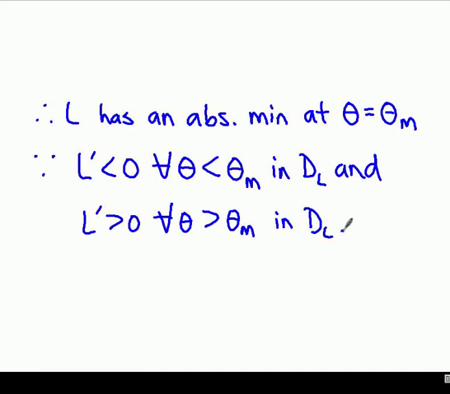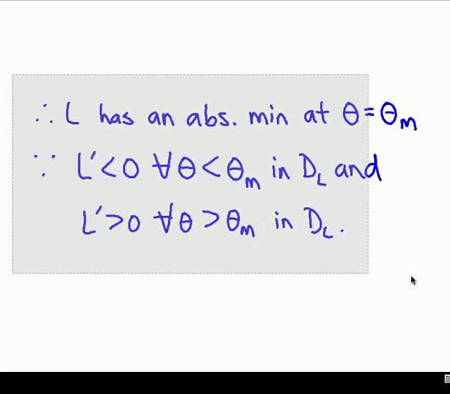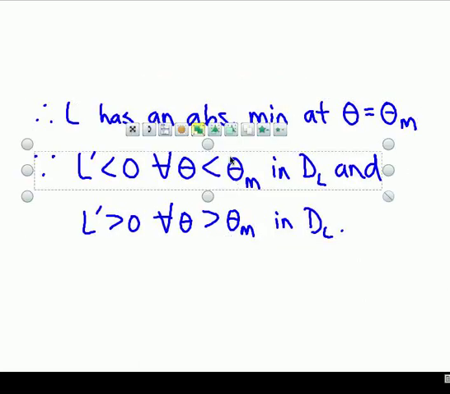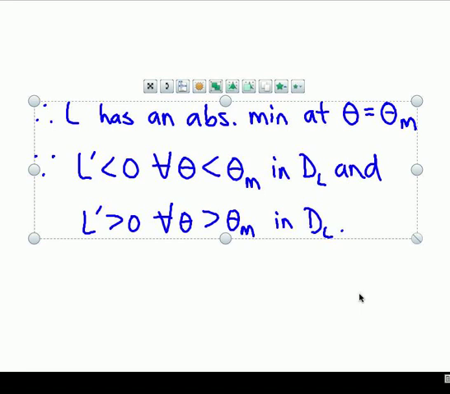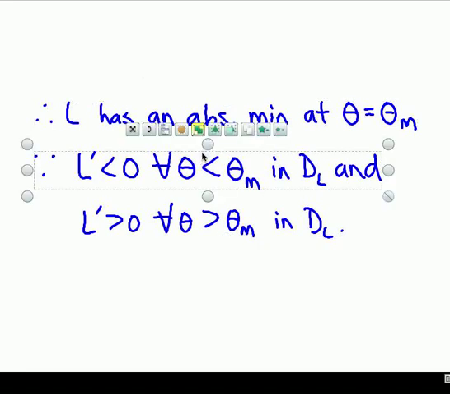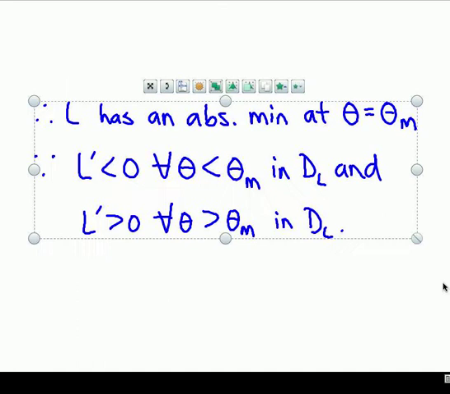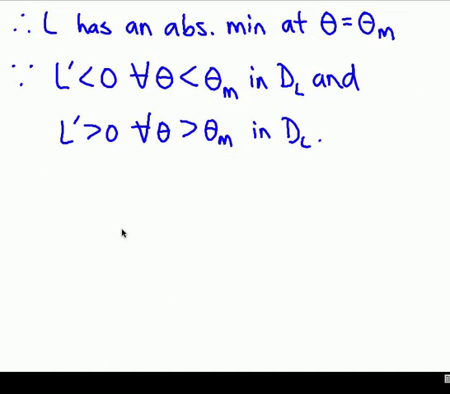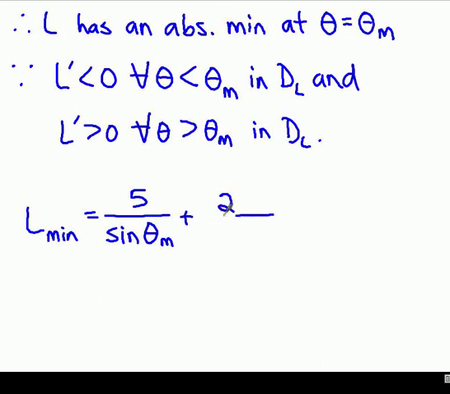Finally, I can go ahead and find out what the length of the beam that we want would be. And I know that the length of the shortest beam is going to be 5 over the sine of theta m, my critical value of theta, plus 2 over the cosine of theta m.